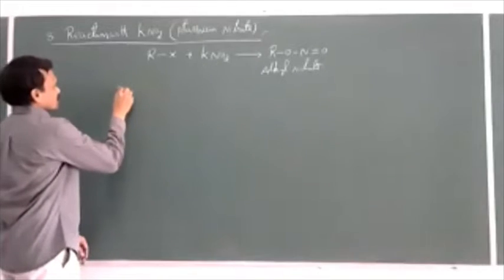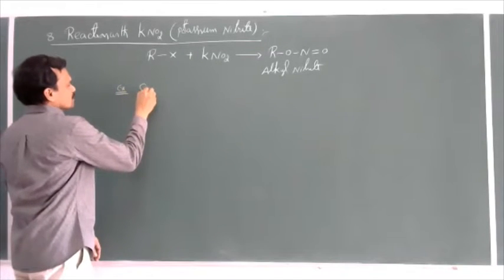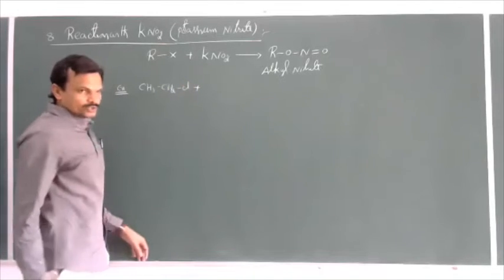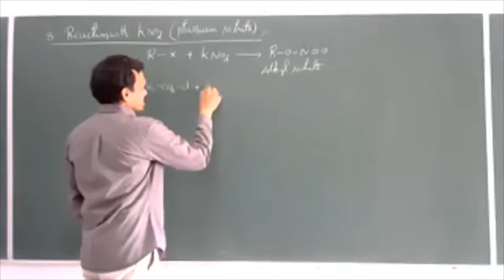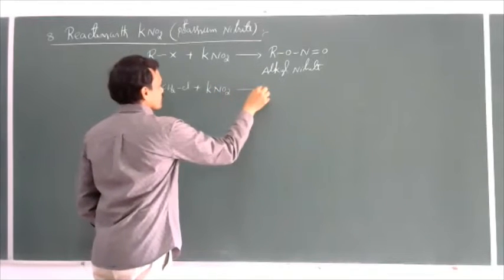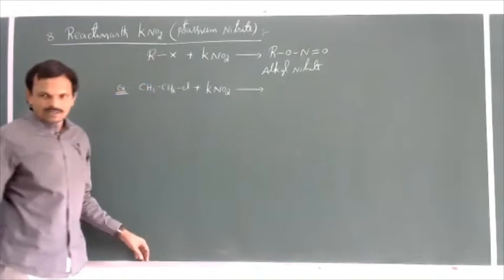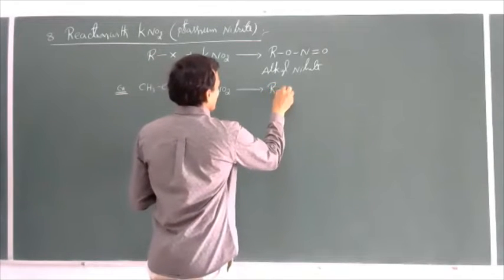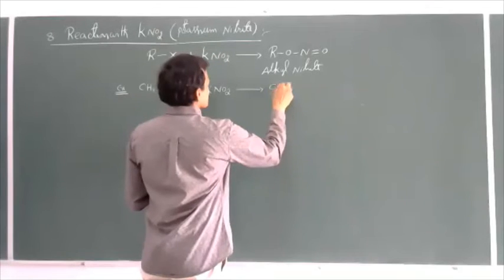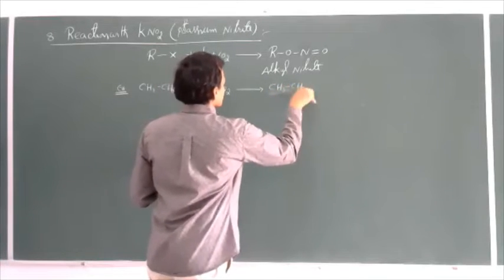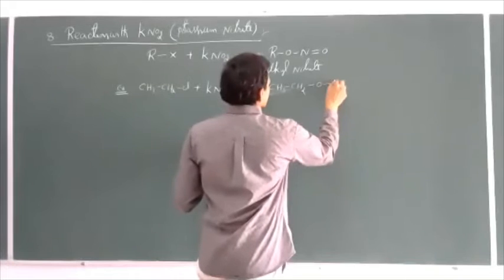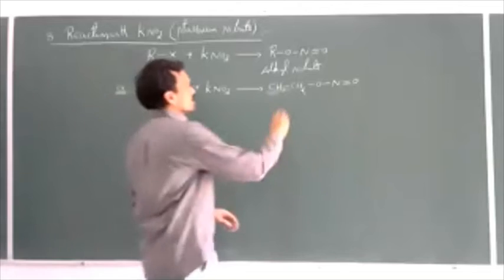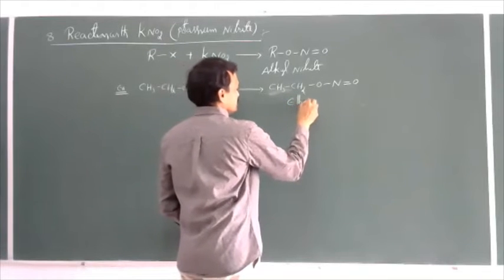So an example, take here CH3CH2Cl, chloroethane, when reacted with KNO2, that is potassium nitrite, then we can get CH3CH2ONO. This is called ethyl nitrite.